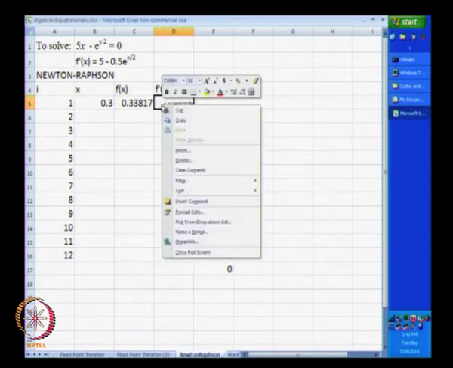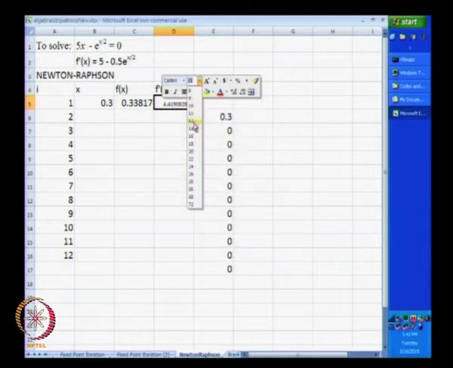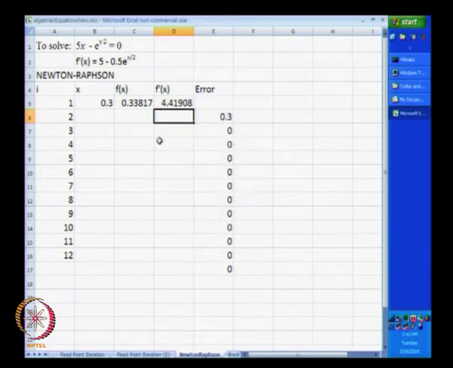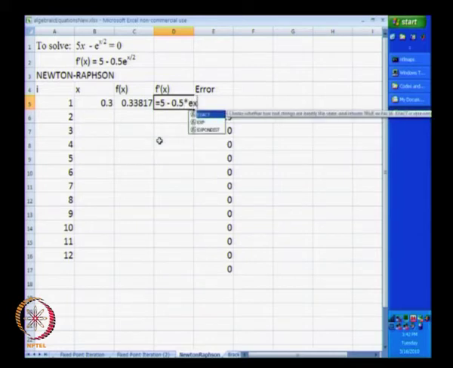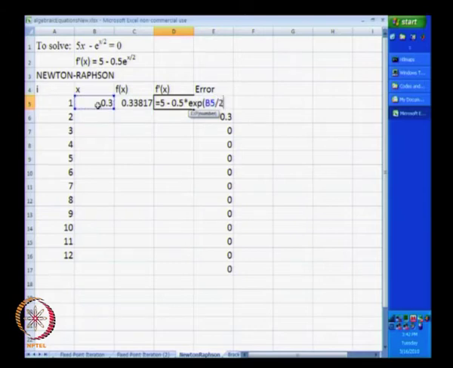Let us change the font size to 18 and let us write this again. Equal to 5 minus 0.5 multiplied by exp of x divided by 2. That is going to be our f dash of x.